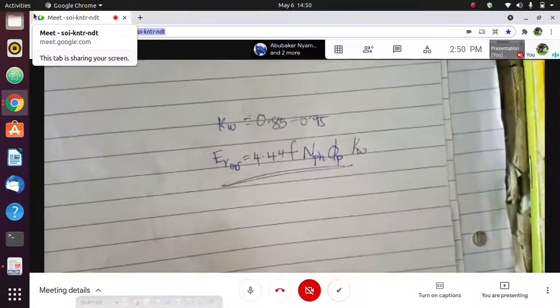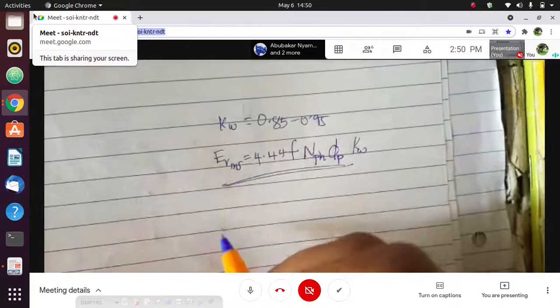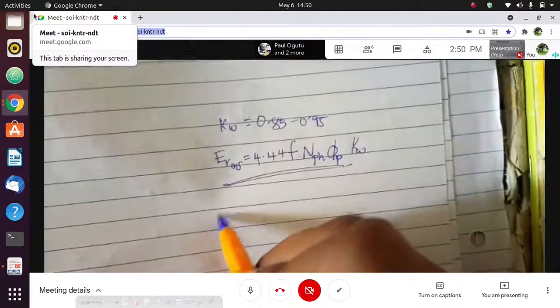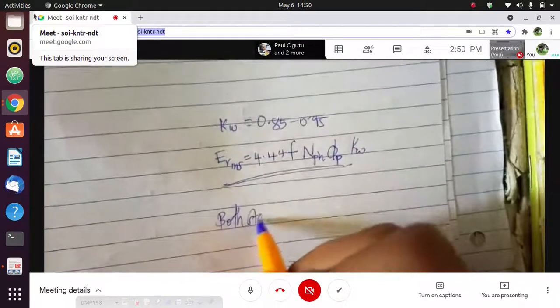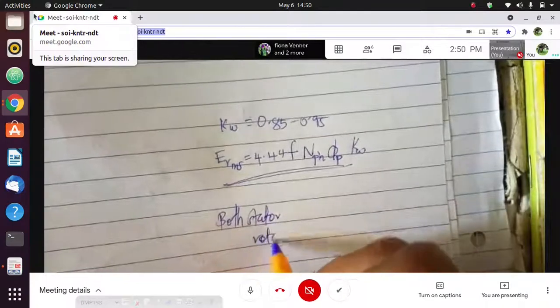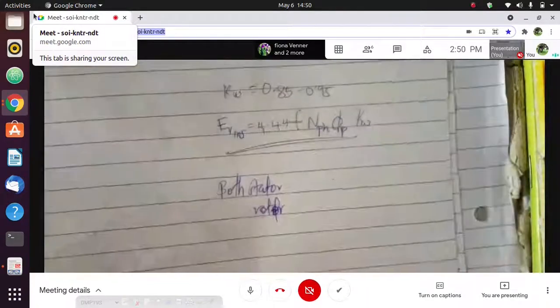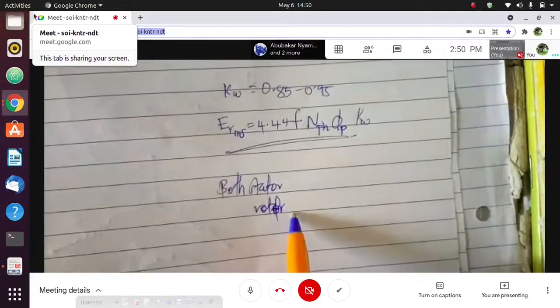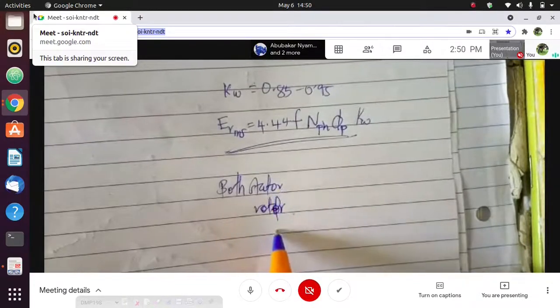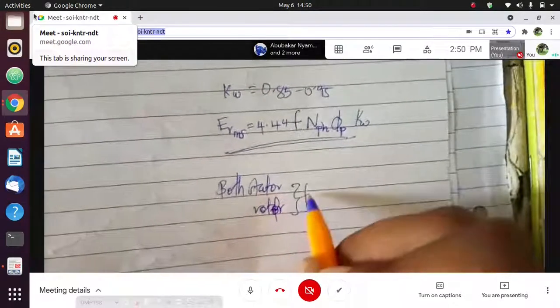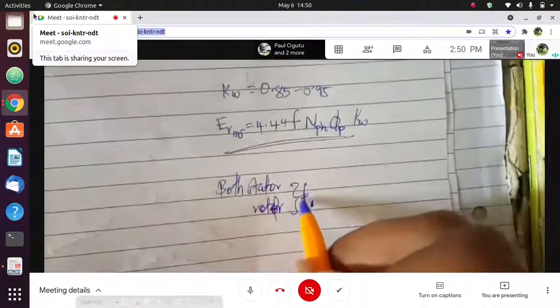Now this rotating magnetic field will induce voltage in both the stator and the rotor windings at the same frequency. In this case, we will call it frequency 1.